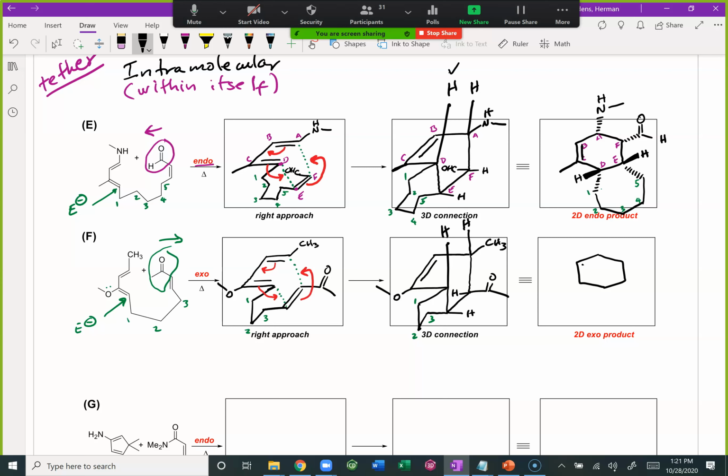All right, so let's label this again as A, B, C, D, E, and F. All right, so on A, my methyl group is down. On C, I have a methoxy group. On D, carbon 1 is down.